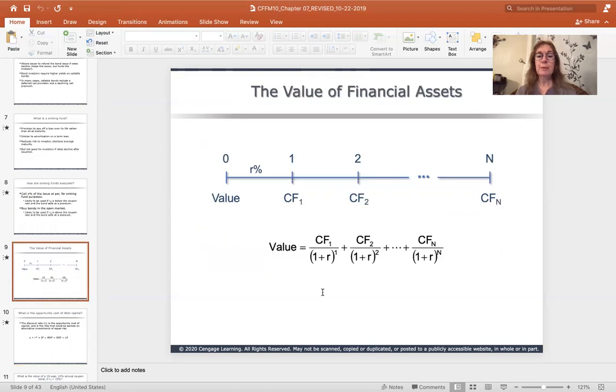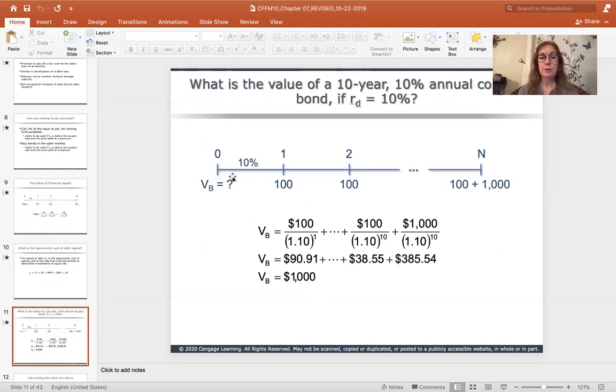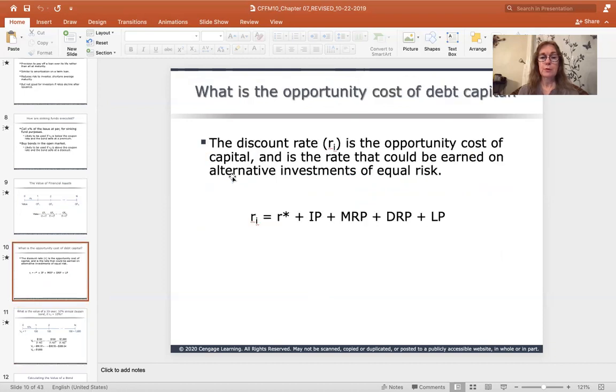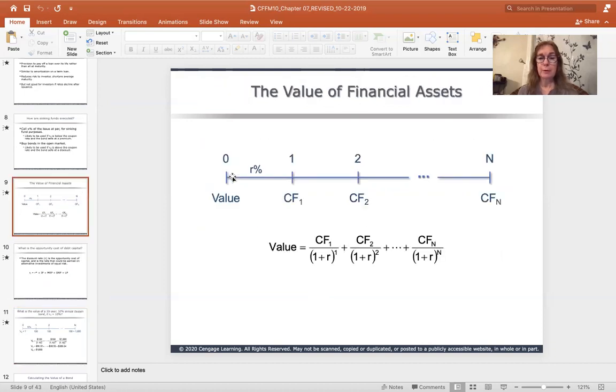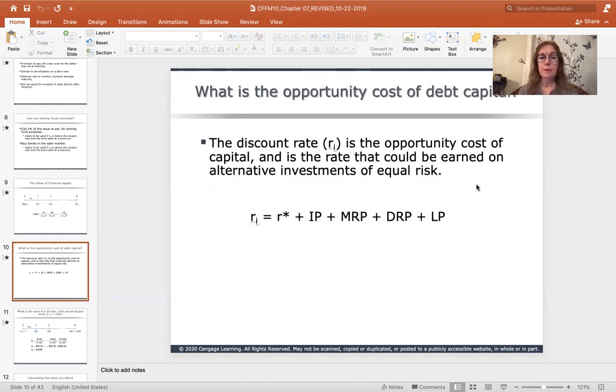Okay, so here's this timeline again. I'm not going to talk about this part; that's just your typical timeline. They're going to have the present value of the bond, the future value, and the payments are going to be the cash flows.